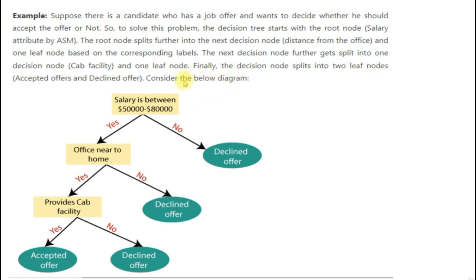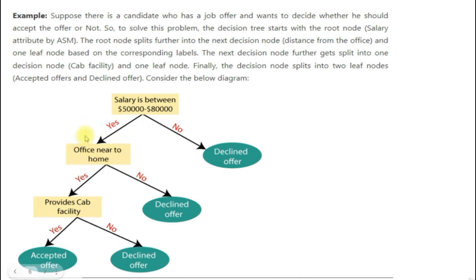So here we are taking salary between 50,000 to 80,000 at the root node. If yes, then we'll think further about the location of the office. If the salary is less than $50,000, then straight away we'll reject or decline the offer. So no further questioning, we cannot accept that offer. But if the salary ranges between 50,000 to 80,000, then this path will be taken and the next question will be asked: whether the office is near to home or not.